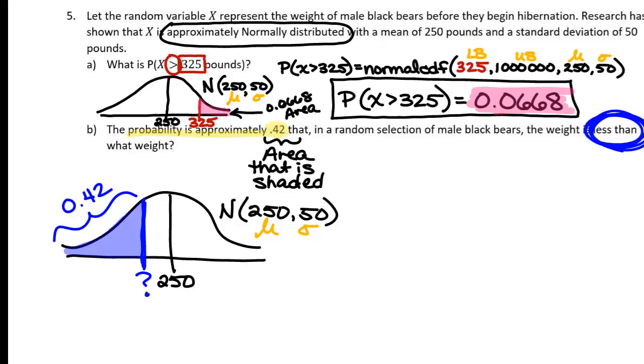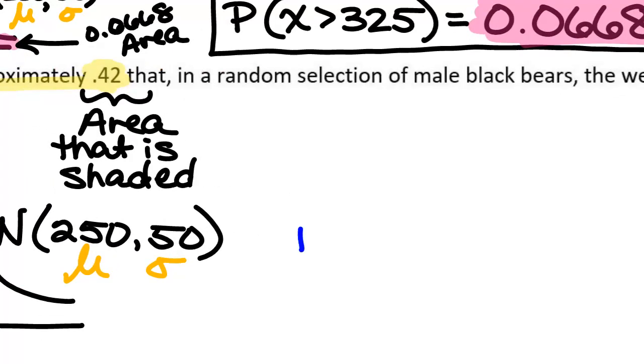And we're trying to work backwards to figure out what the weight is. So I need to undo the process that I had up above. What do we call operations that undo each other? Inverses. So instead of using normal CDF, we are going to use inverse normal.